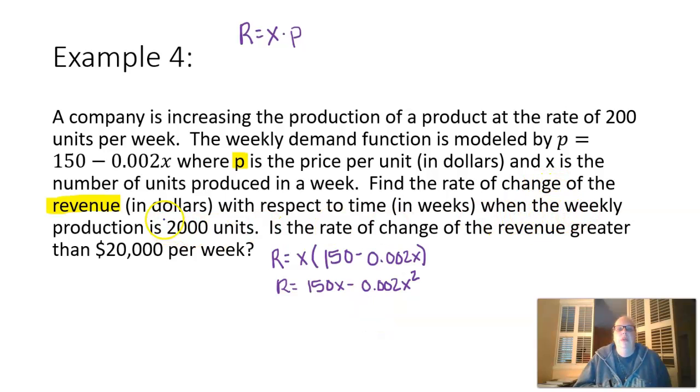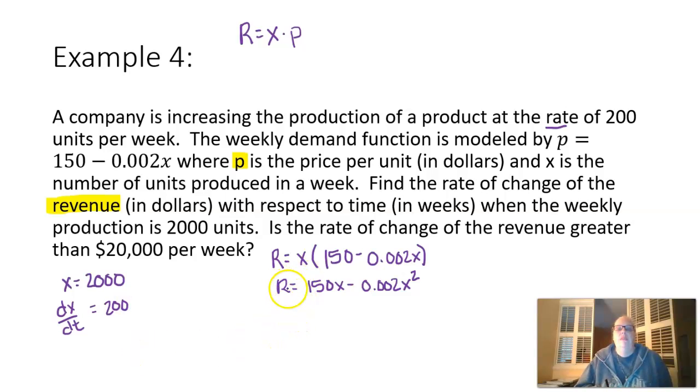Okay, things that we know. Let's see, the weekly production we want to be 2,000 units, so we want x to be equal to 2,000. And let's see, our rate up here is given to us to be 200 units per week. So that means that our dx/dt is going to be 200.